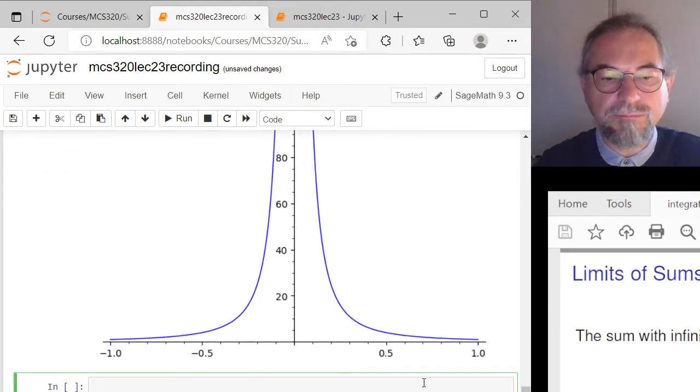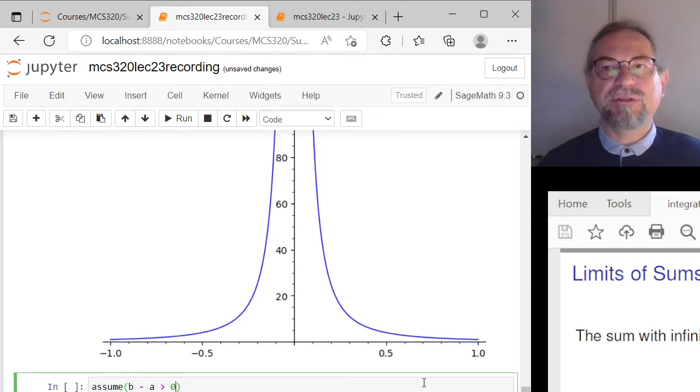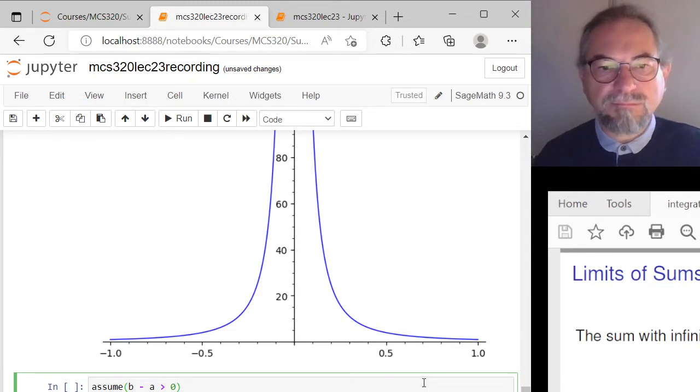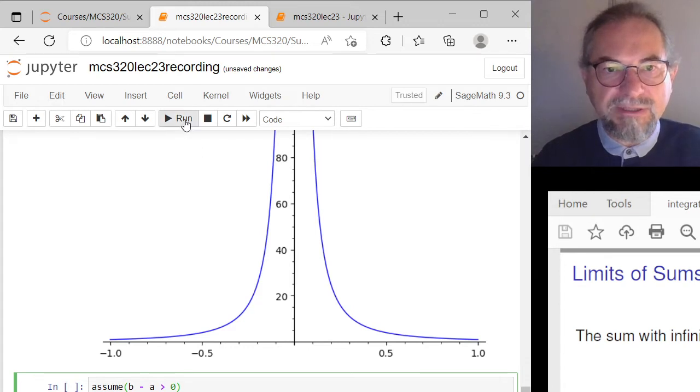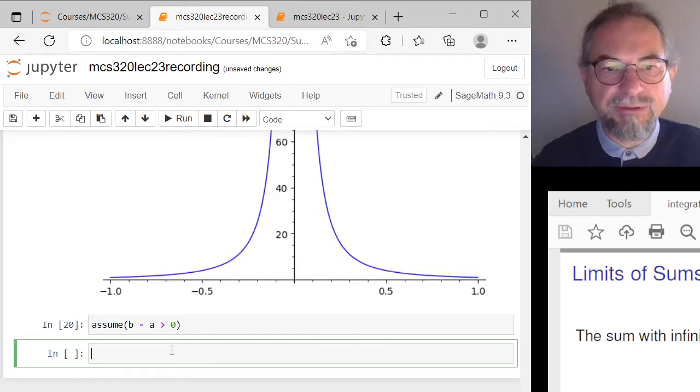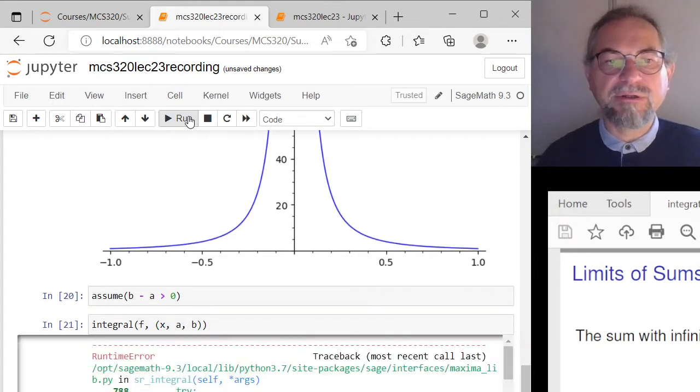So therefore, let me assume, we can assume that b minus a is positive. That's actually the question that we were answering. That was the suggestion. So now I can evaluate the integral, and I still have the runtime error.